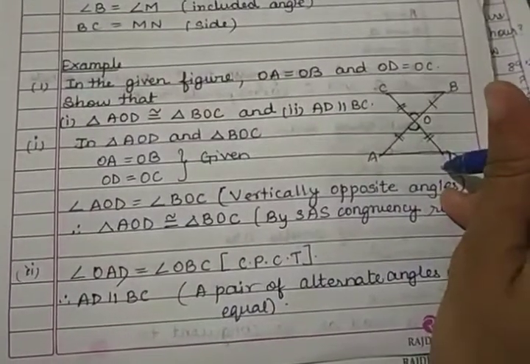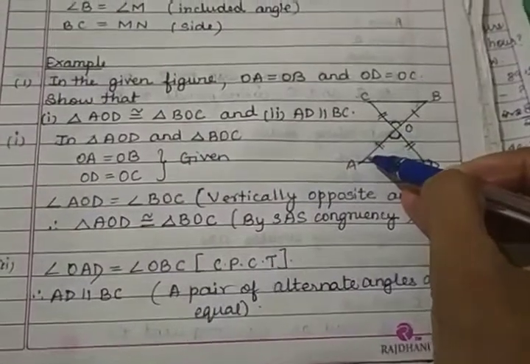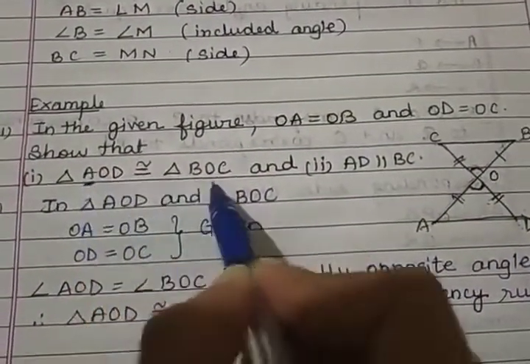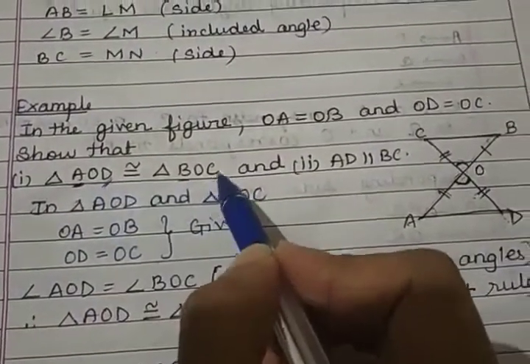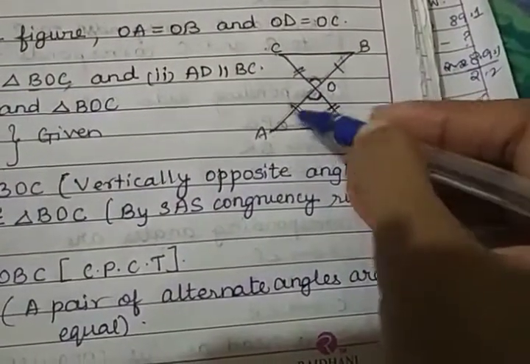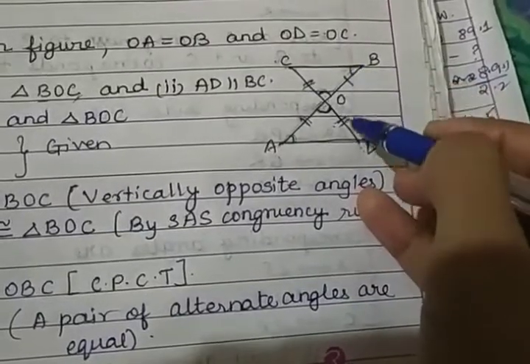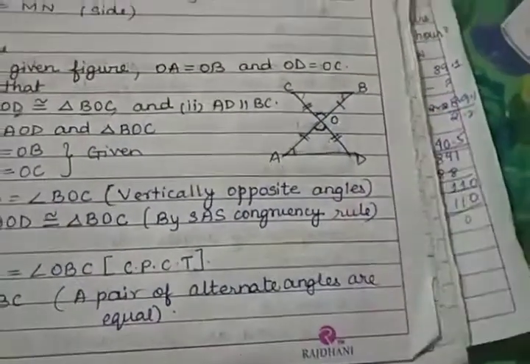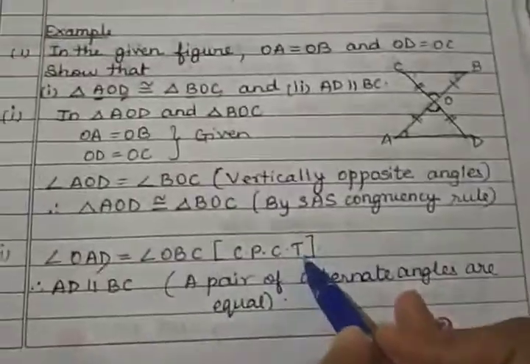If that is the case, then what is the angle which is corresponding to A? To find out, look at the figure. The angle which is corresponding to A is angle B, and the angle which is corresponding to D is angle C. So since the two triangles are congruent, angle A will be equal to angle B and angle C will be equal to angle D because they are the corresponding parts of congruent triangles.